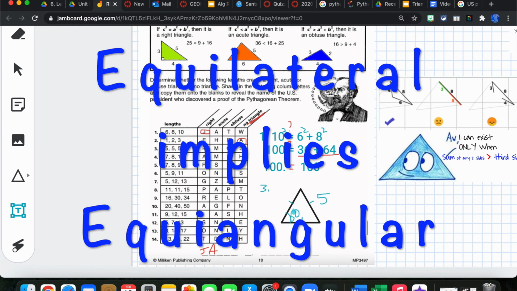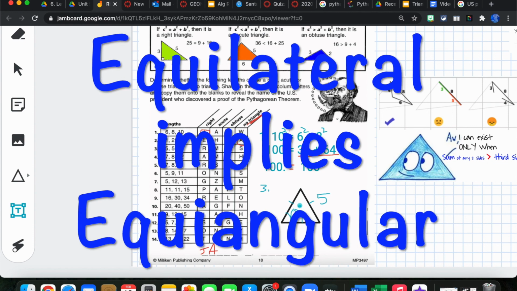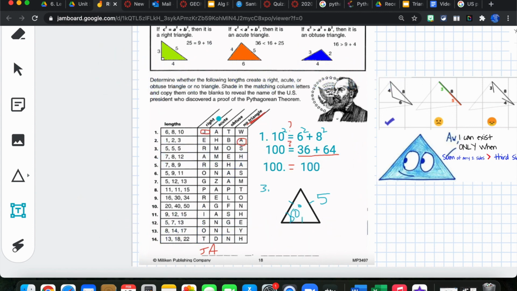And when we have a 60-degree angle, we don't have a right angle. We are going to have an acute angle. That is most likely going to be acute for the answer here. Again, we don't have obtuse because 60 degrees is less than 90. We don't have any bigger than 90 degrees. So my answer here is going to be the letter M.